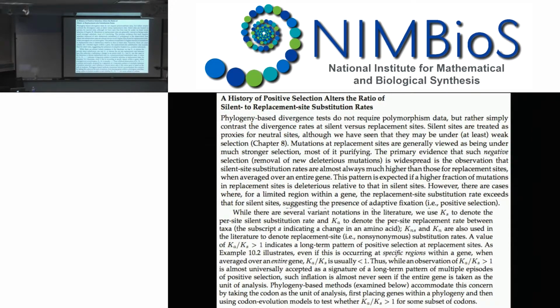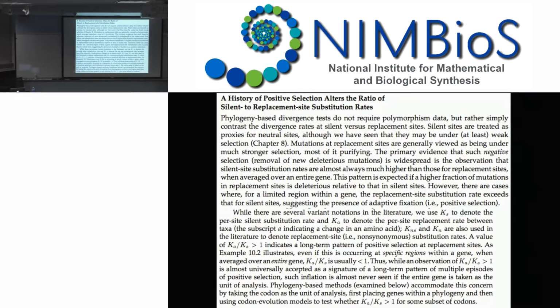And the basic idea is that negative selection is quite common, because the pattern we almost always see, if you go over any gene, over that entire gene sequence, is that the rate of substitutions is lower at replacement, that is non-synonymous sites, than it is at silent sites. And the argument is that a large number of the replacements are deleterious.